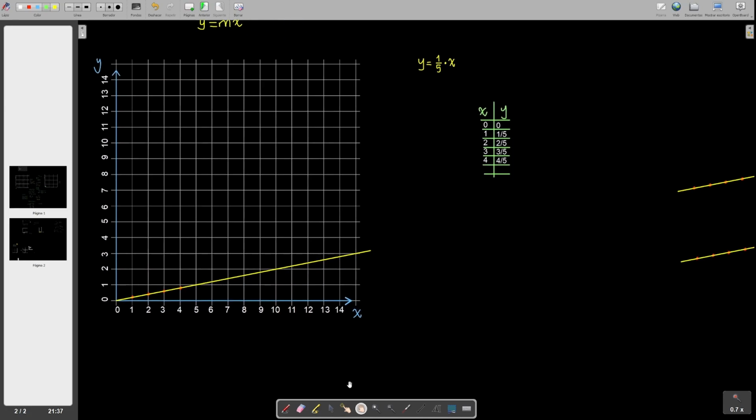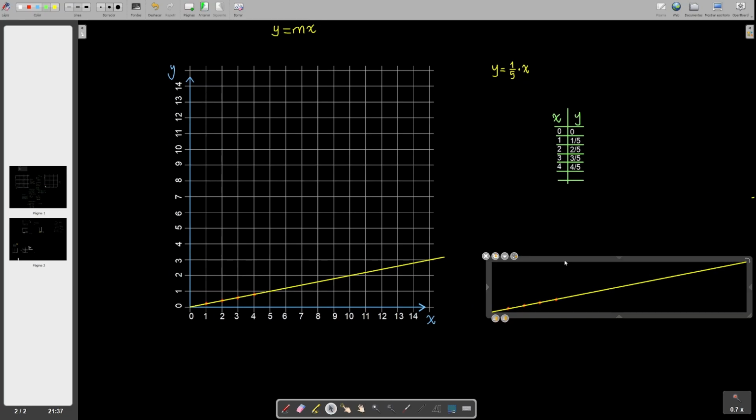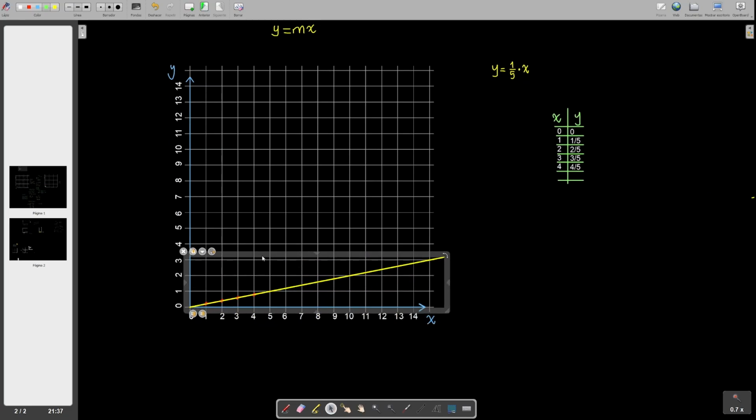And now how would we get the right or left translation? So let's say I have some copied lines here. They are the same. Now I want to get, for example, this line, and translate it 4 units to the right. How can I do that? If you notice, the y value we got at 0, we need to get it at 4, at x4.